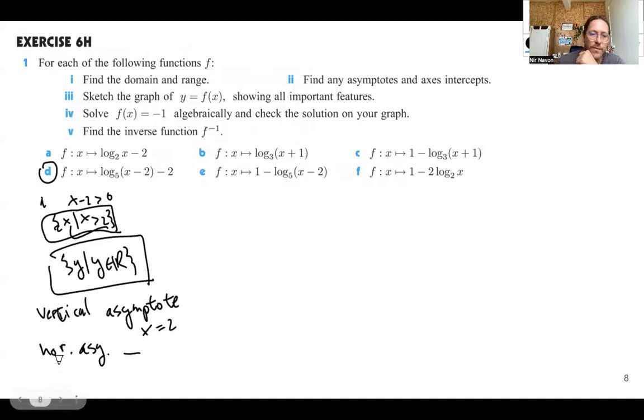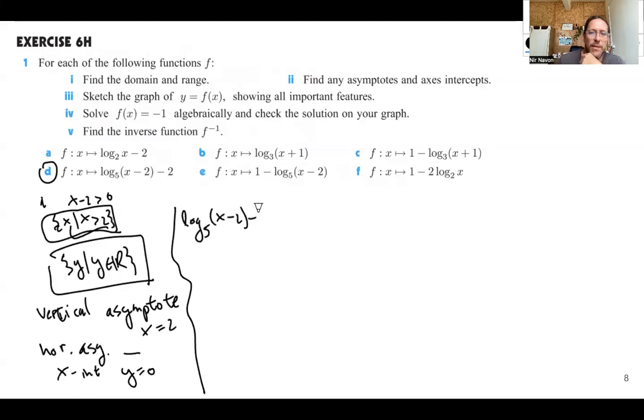X-intercept. So in this case, for getting the x-intercept, y equals 0. So that would be log base 5 of x minus 2 equals 0. So x minus 2 equals 5 to the power of 0, which gives x equals 3.